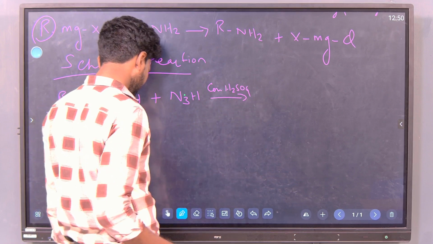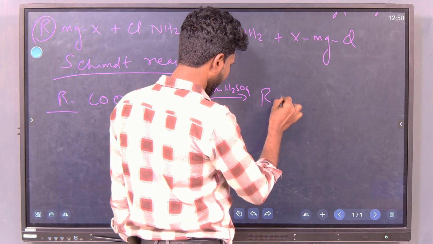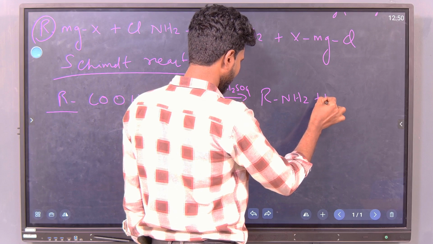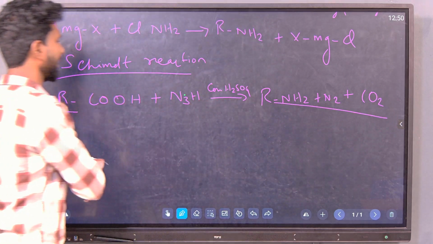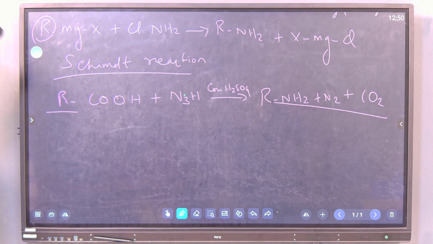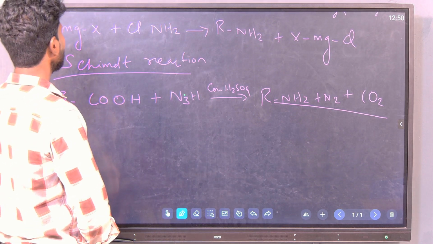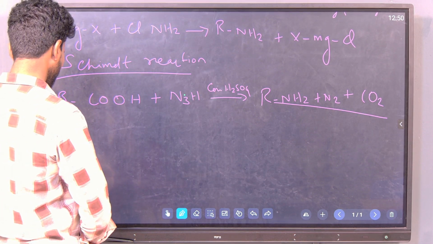What's the product? We get the amine, RNH2, plus N2 plus CO2. This reaction is called the Schmidt reaction. Okay, understand? That's all about the important preparation of amines.